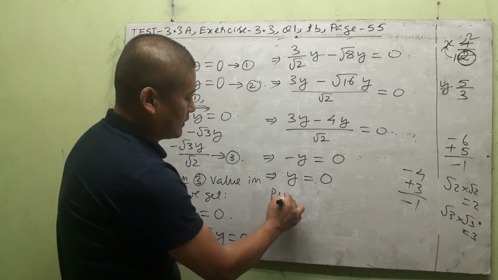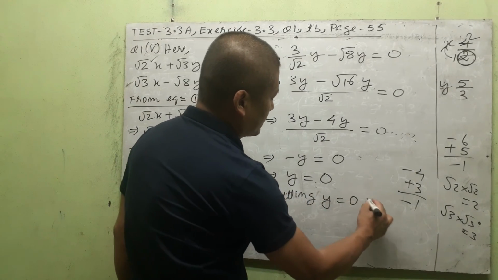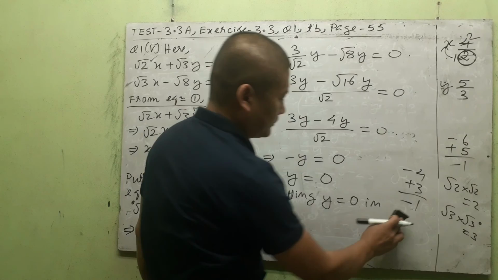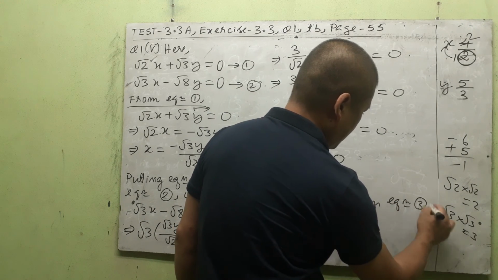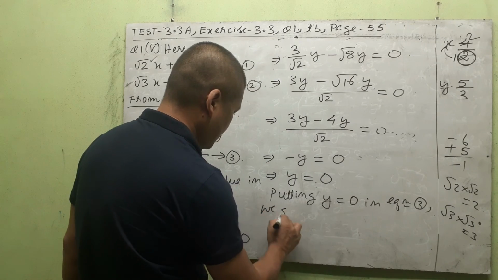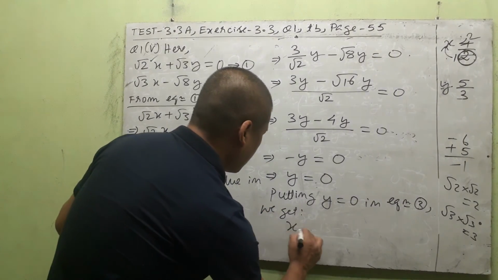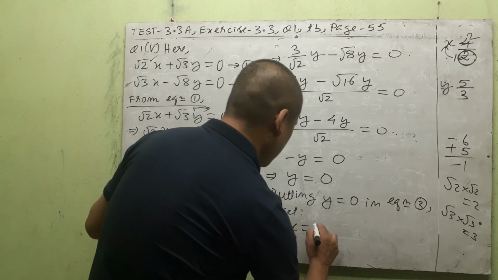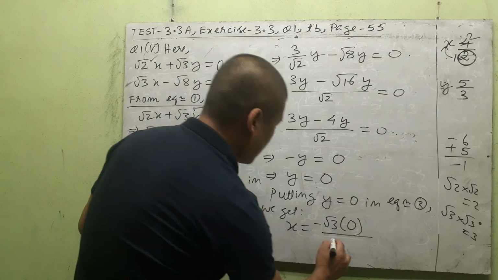Then to find the other one, putting y equal to 0 in equation number 3, we get x is equal to minus root 3 into y, which is 0, divided by root 2.